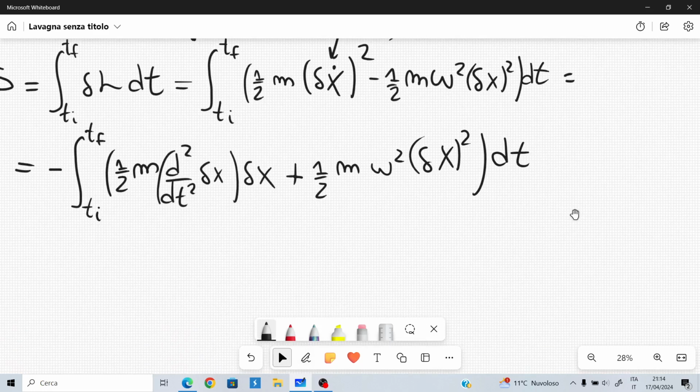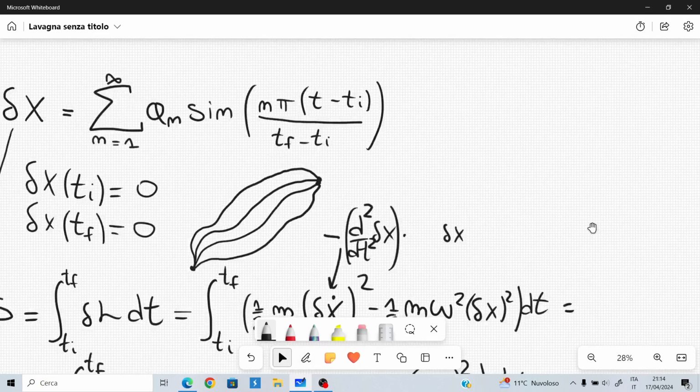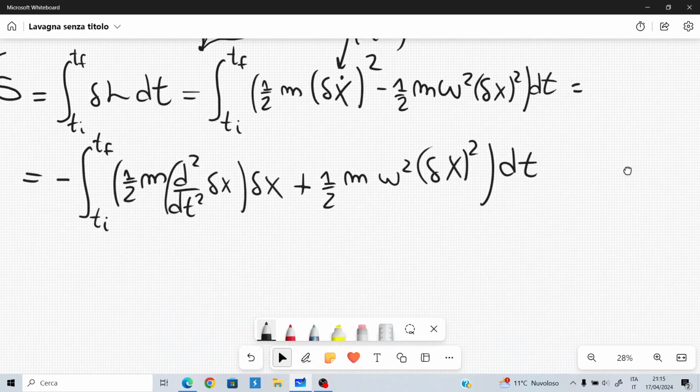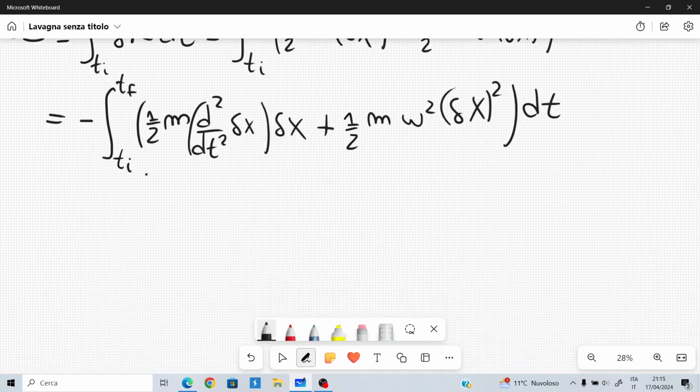Here you also have to calculate the second derivative, which is not very complicated. It's actually very simple, because here you have to treat this series as an infinite sum, but it's still a sum of sinusoids, and you can take the derivatives of each term, and then you can put the summation outside the integral, and you can perform the integration.